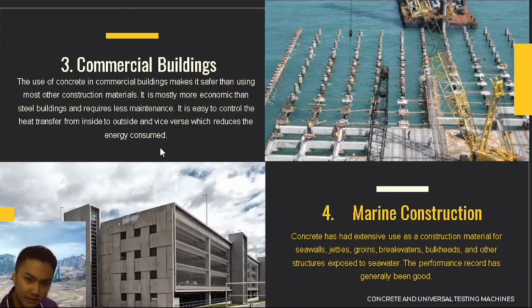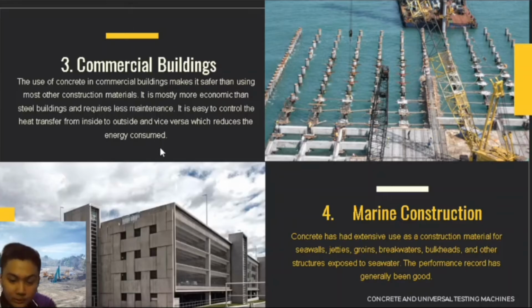Bakit tayo gumagamit ng concrete sa ating mga commercial buildings? Ayan ang sabi, mas safer daw siya kaysa sa ibang construction materials. Gaya ng alin? Yung sinabi na steel buildings. At yung mga steel buildings na kailangan ng mas malaking pera pag gagawa ng maintenance.